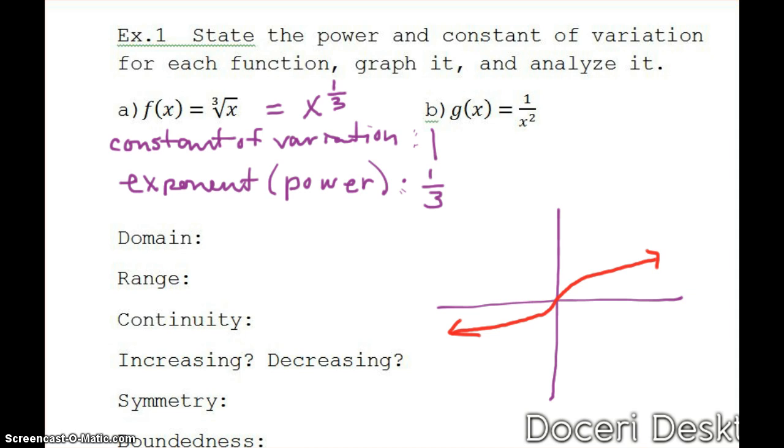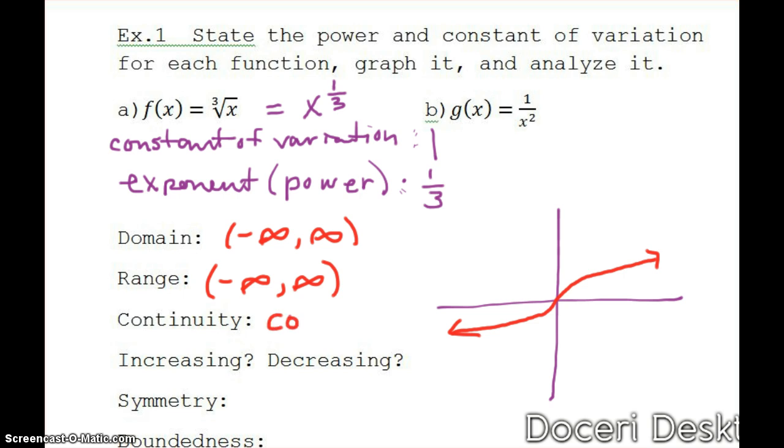When we're talking about the domain, we're talking about all of the x coordinates, and so the domain is going to be negative infinity to infinity. The range are all of your y coordinates, so we go along the y-axis going up. It's kind of hard to see this one, but it is going from negative infinity to infinity along the y-axis.